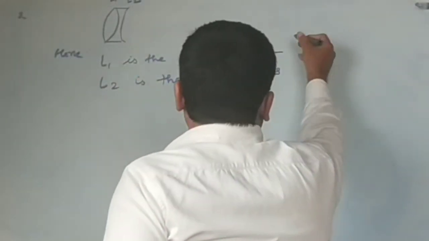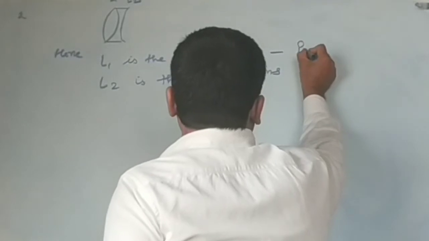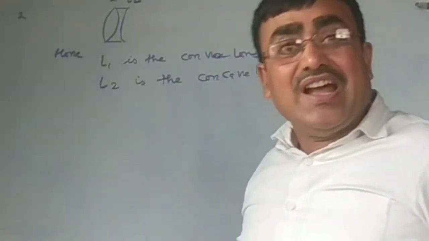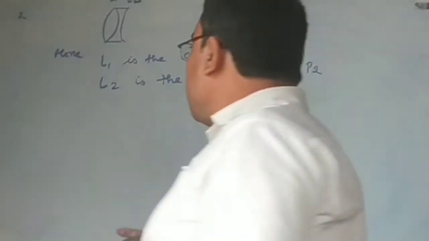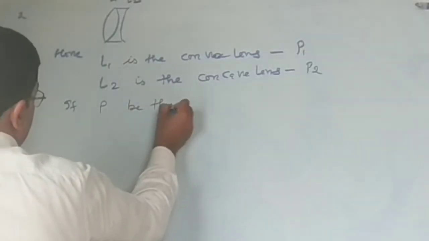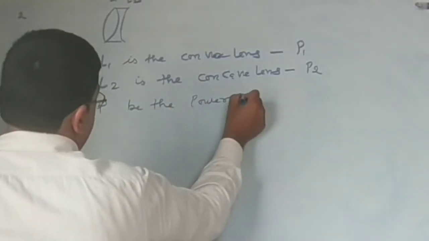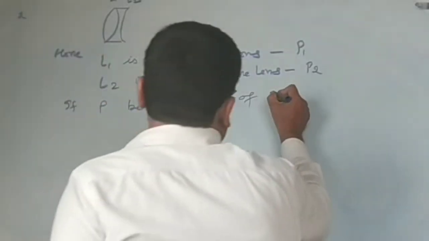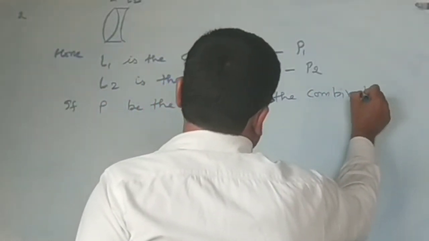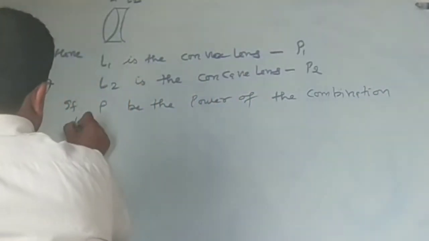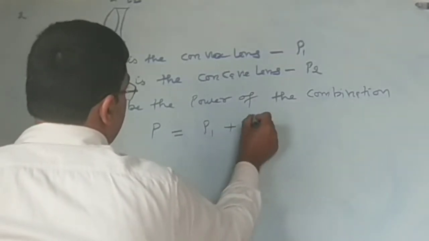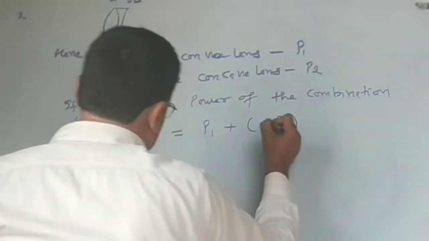The power of L1 is P1 and power of L2 is P2. If P be the power of the combination, then P is equal to P1 plus or minus P2.